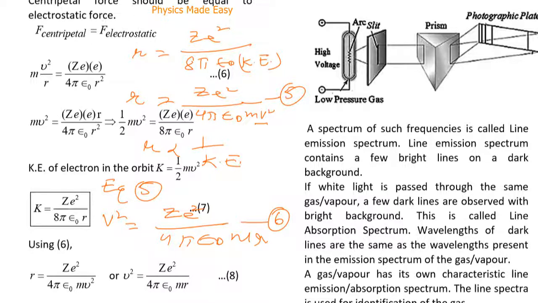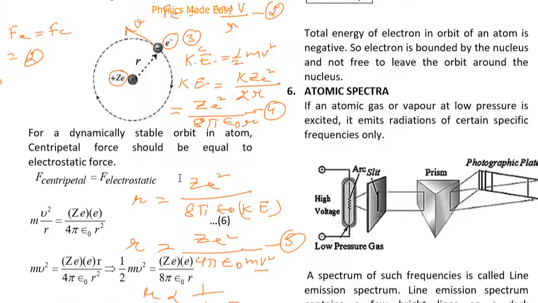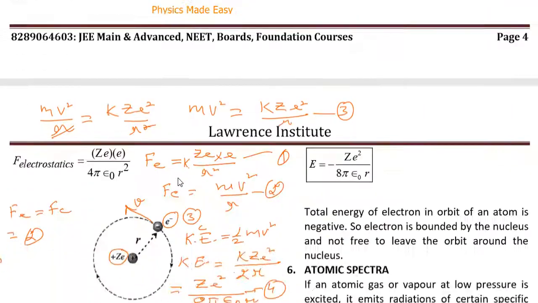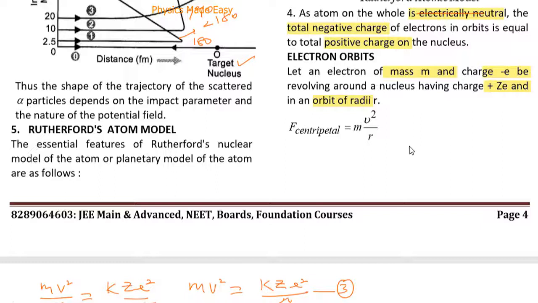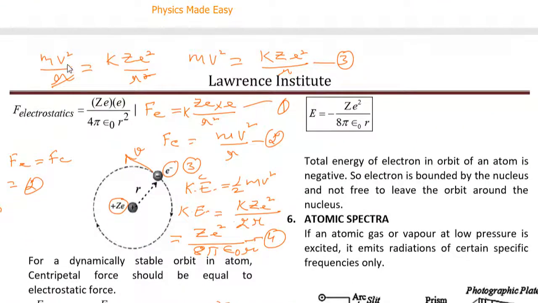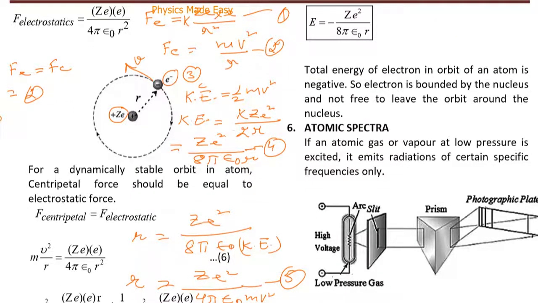Now I have got all these formulas. Now let us go through various formulas. First we made use of this equation that F centripetal force is equal to F electrostatic. Centripetal force is m v square by r. Electrostatic force is z e square divided by r square. From here, I got the value of m v square and hence the formula for kinetic energy.